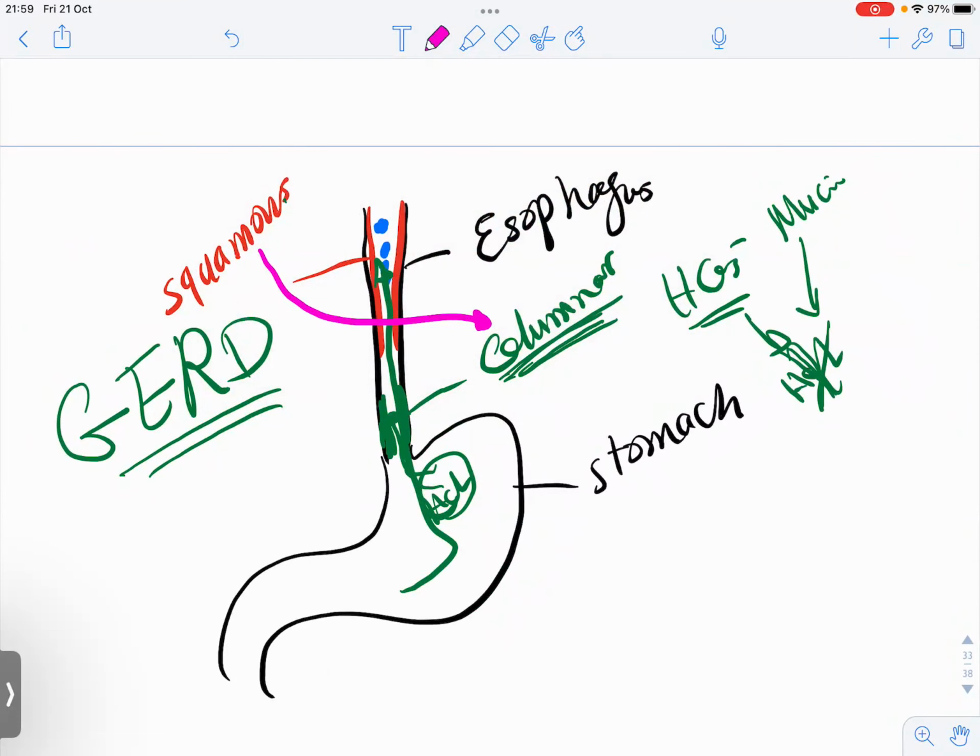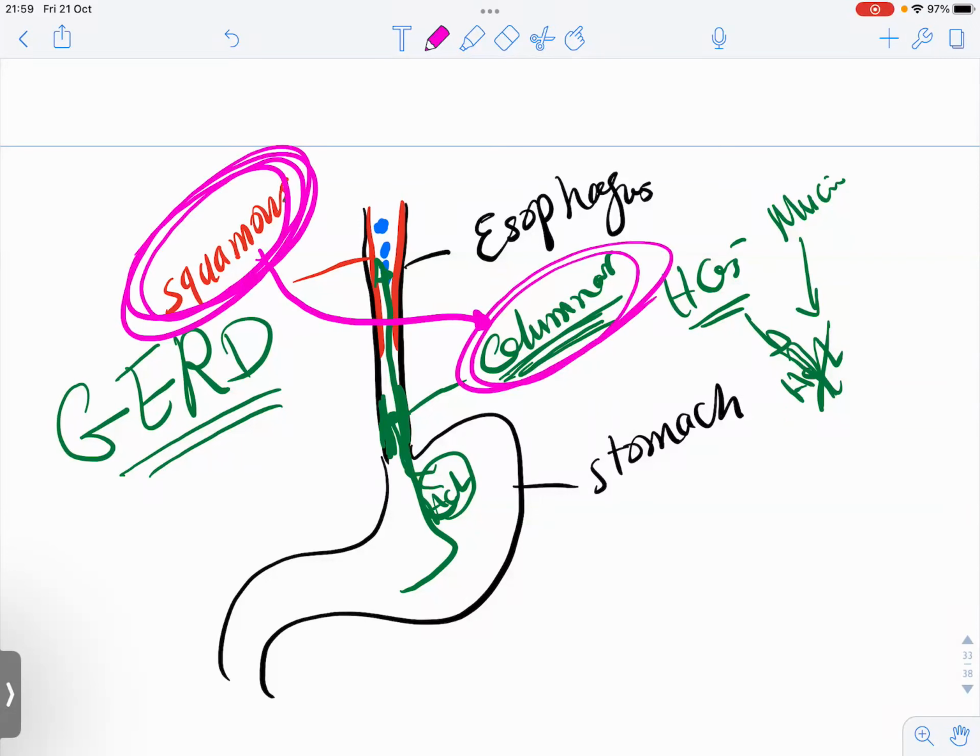And this is the only example in your body where a strong epithelium can transform into a weak epithelium. A strong epithelium like squamous will transform into a weak epithelium like columnar. Why? Because columnar can face HCl, can resist HCl. And it's called GERD. Another example.